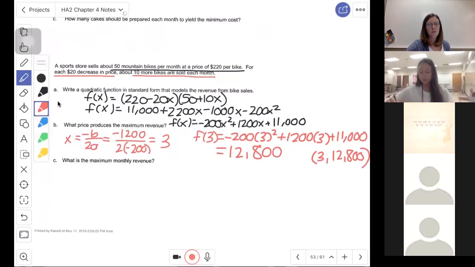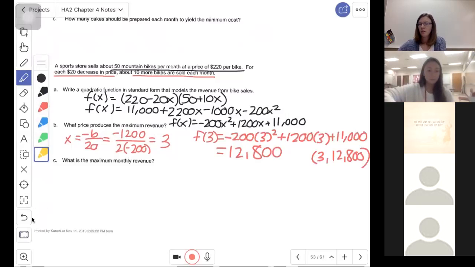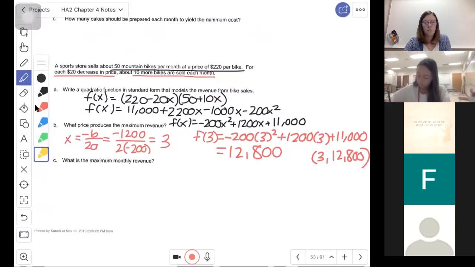What part of our function represents the price? Faith, what part of our function represented the price? The $220. Yeah, and the minus 20x following it. That's the price part of it, yeah.